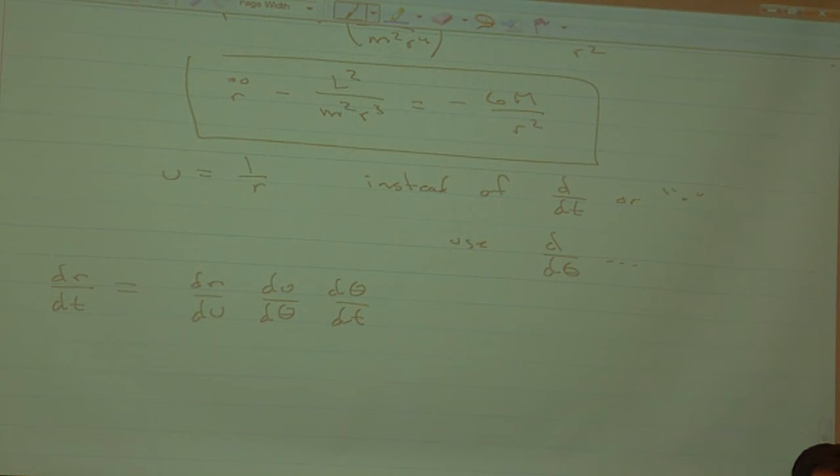Okay, and if r is equal to u to the minus 1, because u is 1 over r, so r is 1 over u, then dr du is equal to minus 1 over u squared. d theta dt, we learned, is L over m r squared.